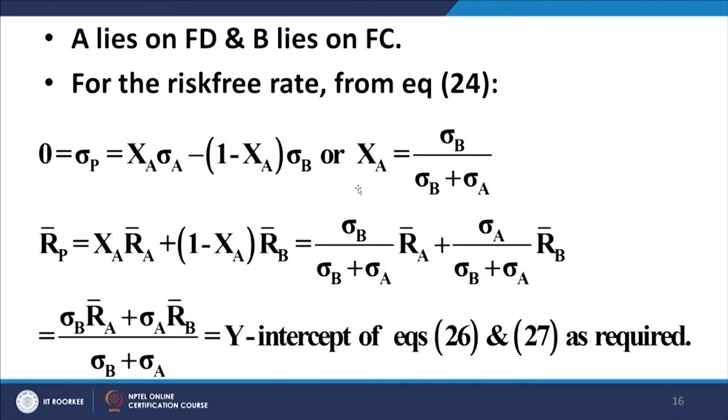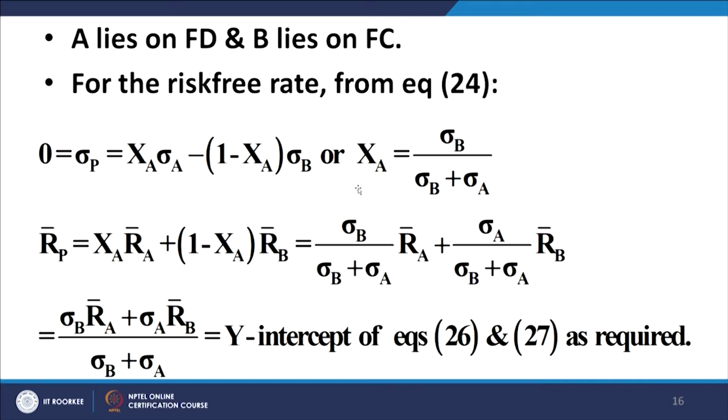So, to recap, A lies on F T, B lies on F C, as you can see in the figure, and for the risk free rate what we have is sigma_p equal to 0, which gives me x_a equal to sigma_b divided by sigma_a plus sigma_b, and x_b will be equal to what?